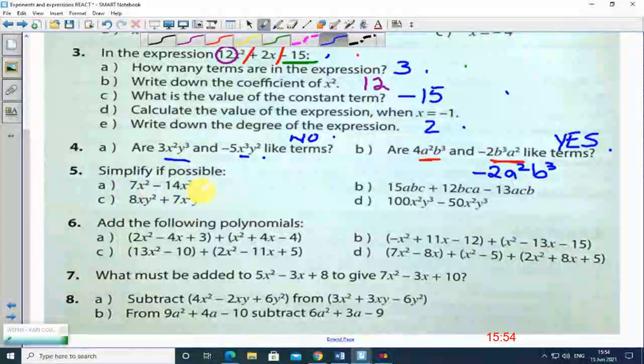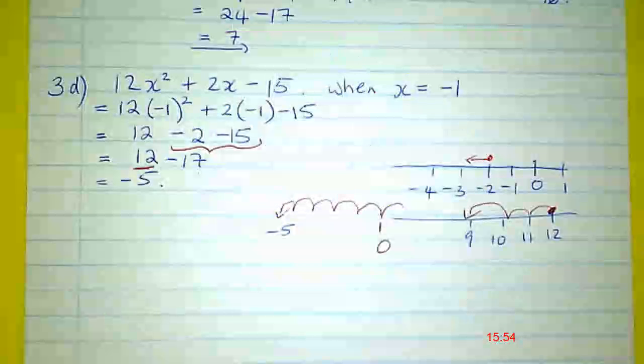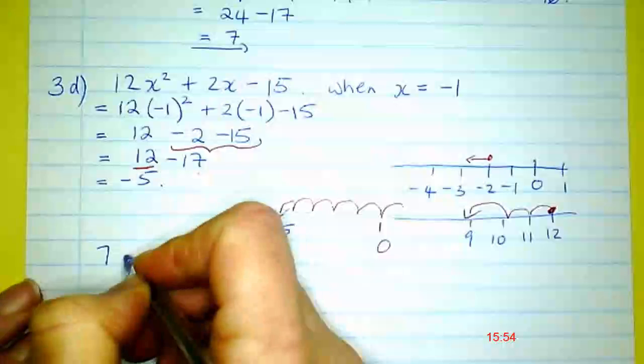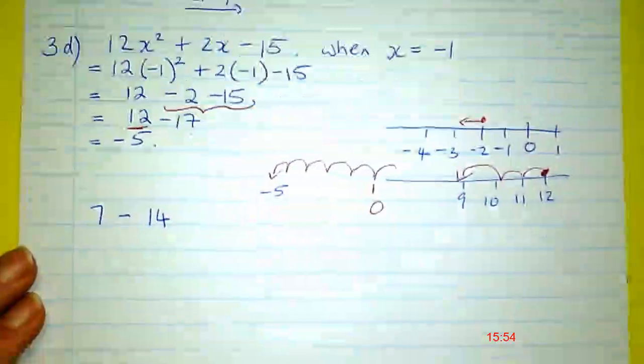But that's a concept that we manage once we get to high school, where we say, okay, if I have 7 minus 14, let's go to my other page here, and just get this really, really clear. Okay. If I have 7 minus 14, what does that mean?